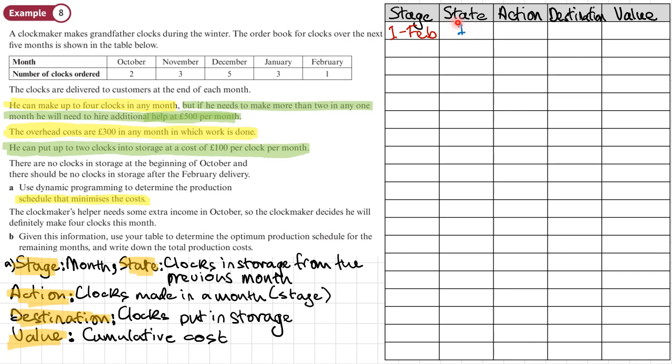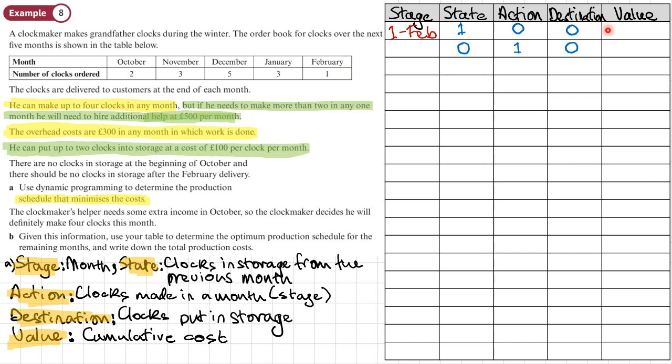So if 1 has been brought forward from the previous month, we don't need to make any clocks. There'll be none in the destination because we've basically sold that clock, that's from the order. Or there may be none in storage from the previous month, which means we need to make one during February, and again that will be part of our order anyway.